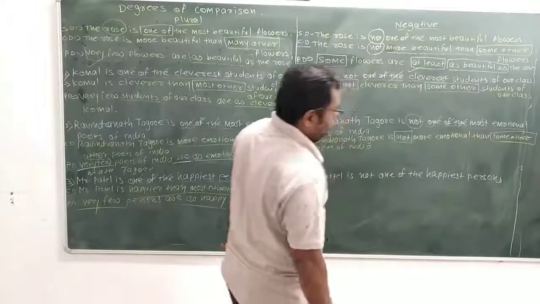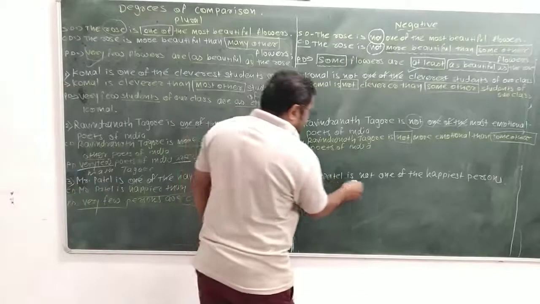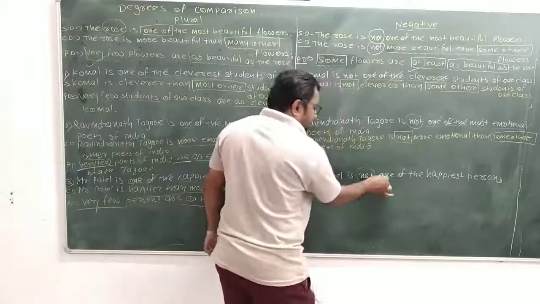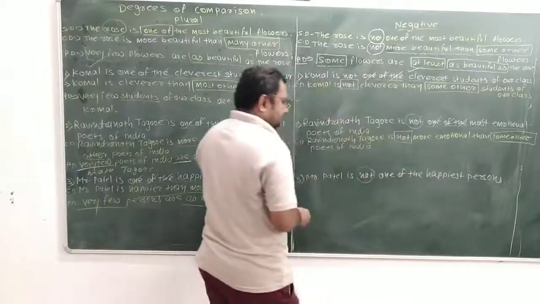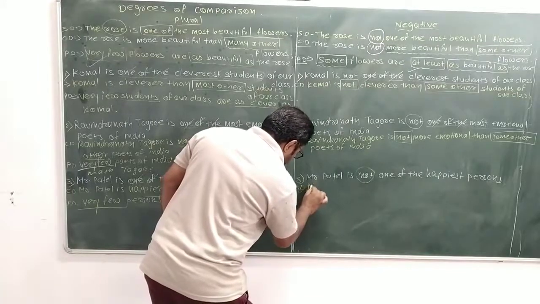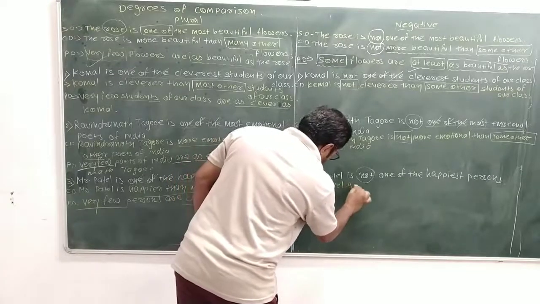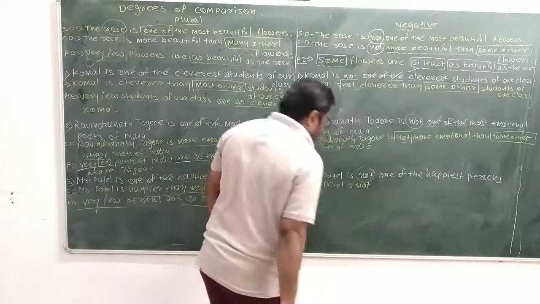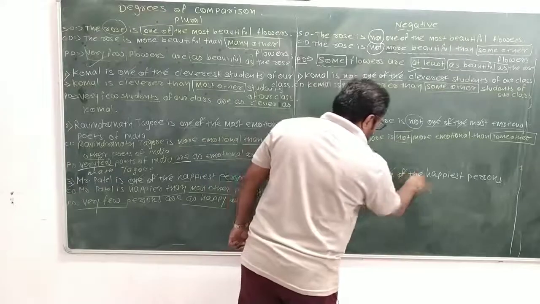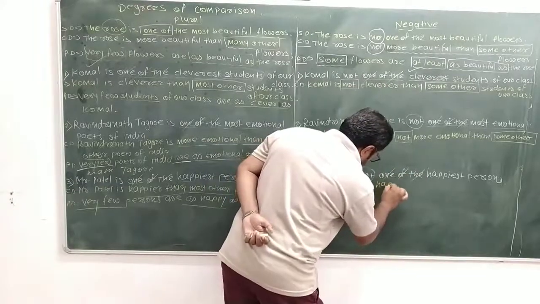Because this is a negative sentence. Next, Mr. Patel is not one of the happiest persons. So let's make comparative degree. Mr. Patel is not one of the, remove happiest, so happier.